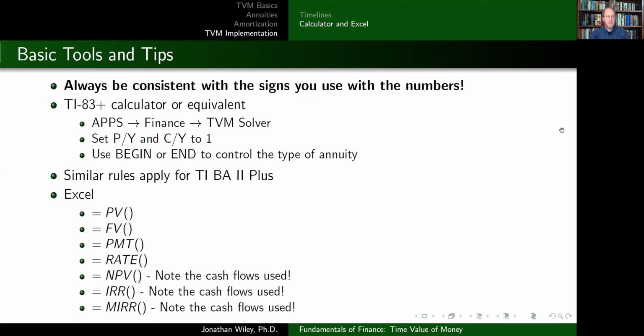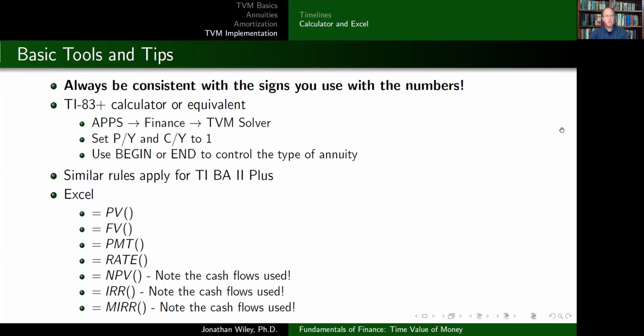With that in mind, it's worth noting that you do have to pay attention to what cash flows you're putting in there. For the NPV function, any cash flow at time 0 does not go inside the NPV function. That would have to go outside the NPV function. On the other hand, IRR can be used to calculate the rate across a series of uneven cash flows.